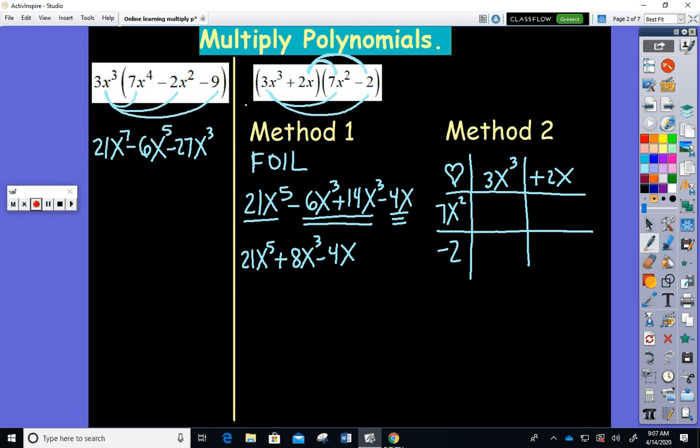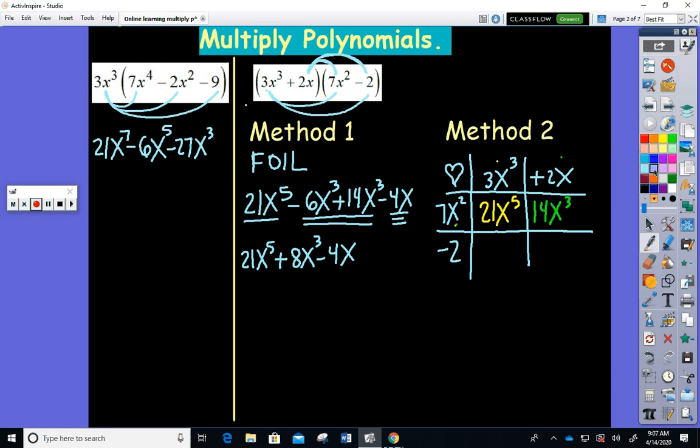Now what you're going to do is say, if I multiply 7x squared times 3x cubed, I get 21x to the fifth. Then if I multiply 7x squared times 2x, I'm going to get plus 14x cubed. So you're letting your fingers trace. The box will tell you what to use on the left and what to use on the right.